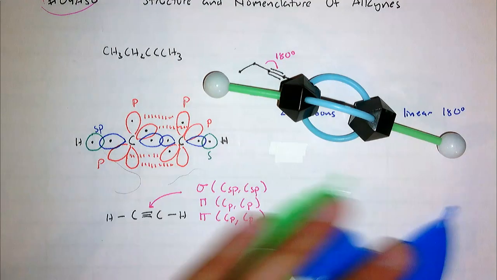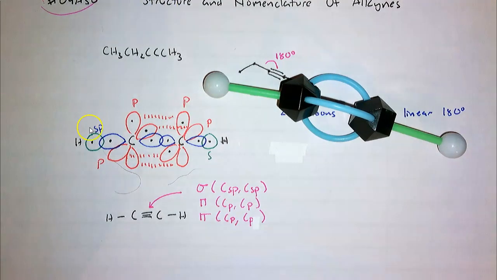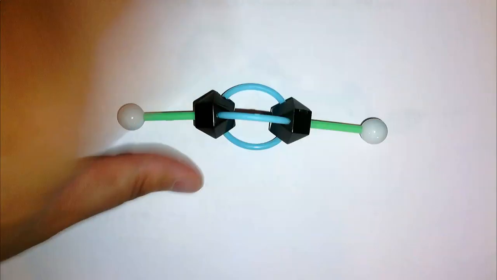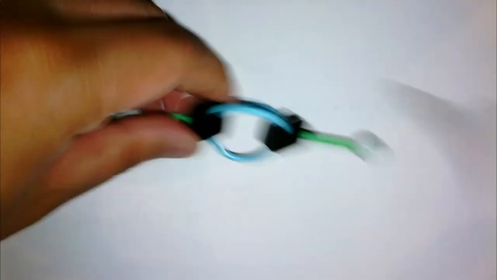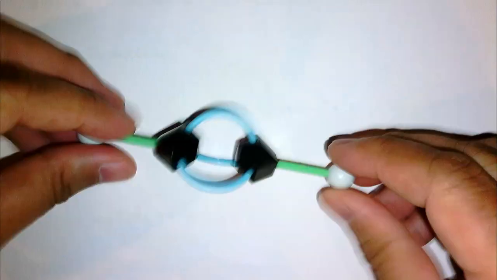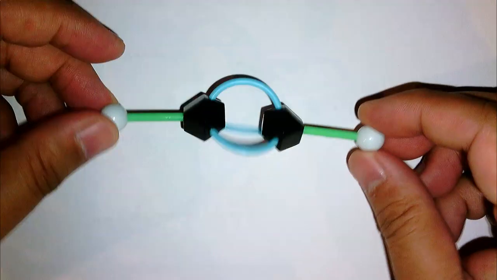Yes, I will pause the video. I'll be right back. Okay, I am back. And so we can see the three bonds of the triple bond. It's linear. It's just that this piece is a little bit tight. But it's definitely linear.